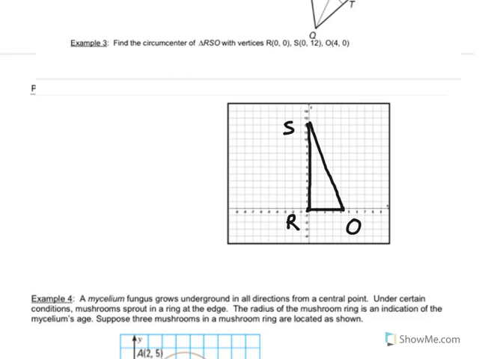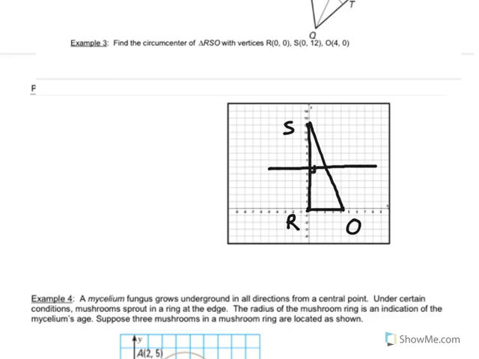This side, SR, is 12 units long, and so the midpoint is going to be at 6, and since it's on the y-axis, it's a vertical line, we can just make a horizontal line at 6, and we know it's perpendicular.